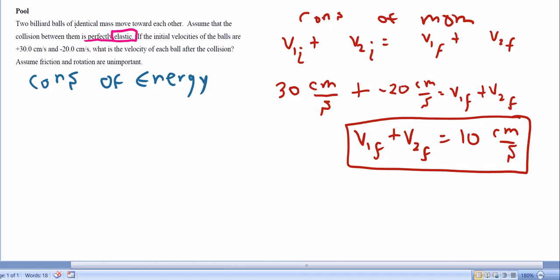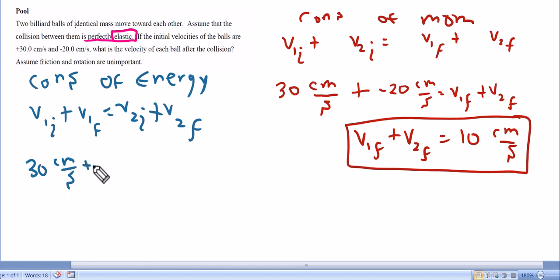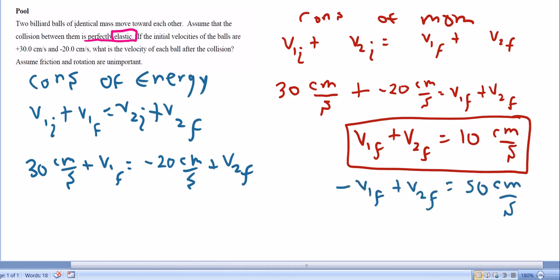So conservation of energy, according to me, was V1 initial plus V1 final is V2 initial plus V2 final. Let's plug in what we know. This is 30, and this is a negative 20. Now, if I rearrange it, I'm going to get the following. You should be able to get to that point.